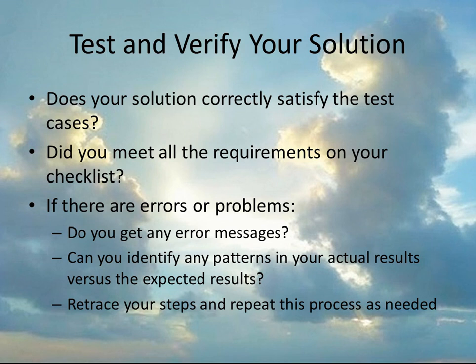For instance, if you're writing a calculator, are the addition calculations off by a certain amount every time? Do you see any patterns like that? Those can help you figure out what went wrong in your problem too.